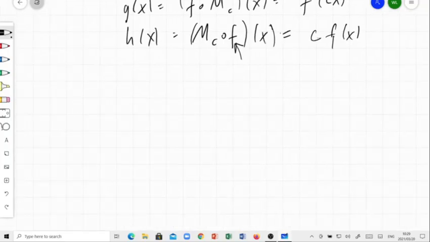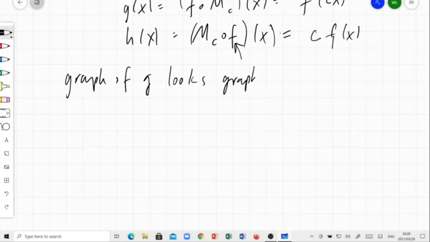Okay, so let's see what the graph of this looks like. Intuitively, the graph of g looks like the graph of f, except it is c times as fast.